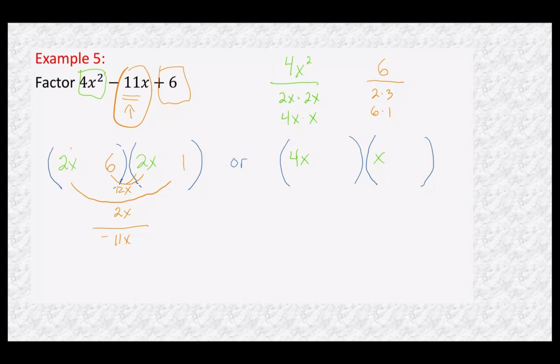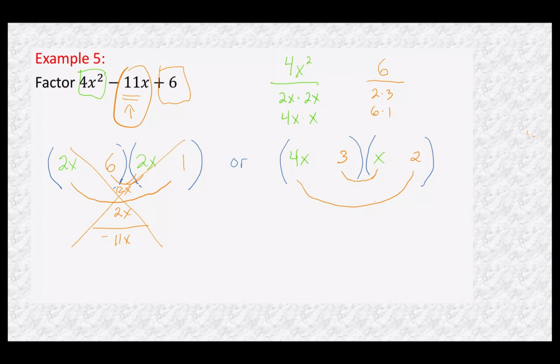Therefore, we need to cross this off our possible list and move over to the right and consider 4x and x. Using trial and error, we'll now throw in 2 and 3 and check our smiley faces to see if we get that elusive negative 11x. But it's not working this time either. We are not getting 11x as a sum or a difference. So my next thought is, why don't we switch the 2 and the 3 and see if that works?